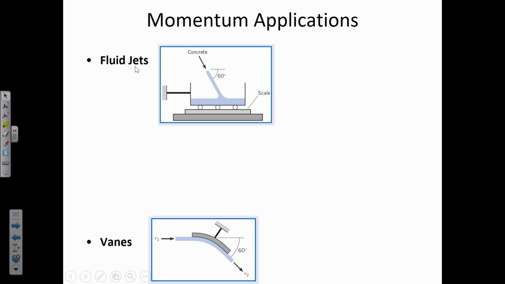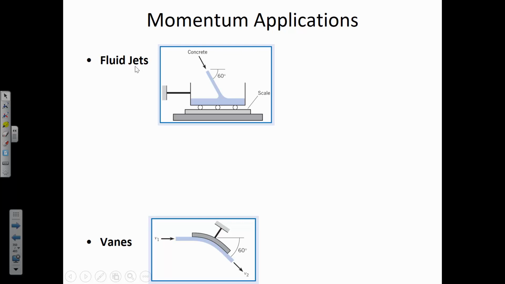Another one has to do with vanes. And vanes like this redirect a fluid stream, but they don't necessarily change the mass flow rate or the velocity. Sometimes, depending on the problem statement, we'll assume that the velocity of the fluid as it exits contact with the vane maybe is a little bit slower than the velocity of the fluid as it's coming in.